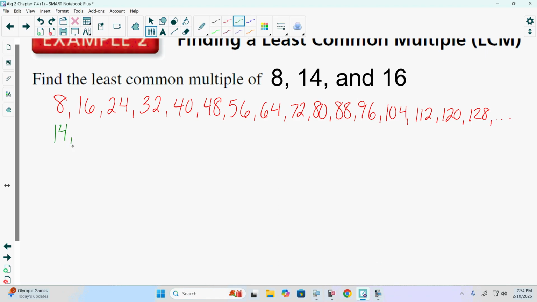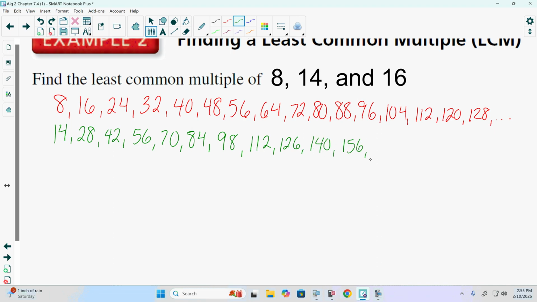Because I could do the same thing for 14. And if you don't want to write this, you don't have to. Because it'd be 14, 28, 42, 56, 70, 84, 98, 112, 126, 140, 156. I'm already tired of writing 14s.